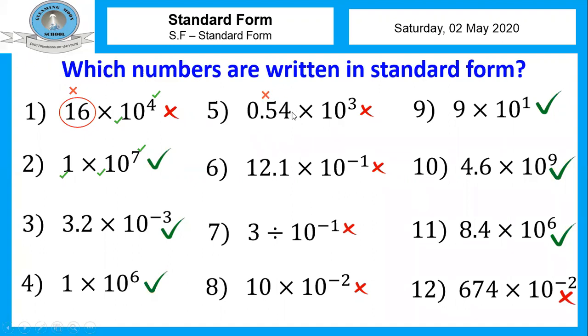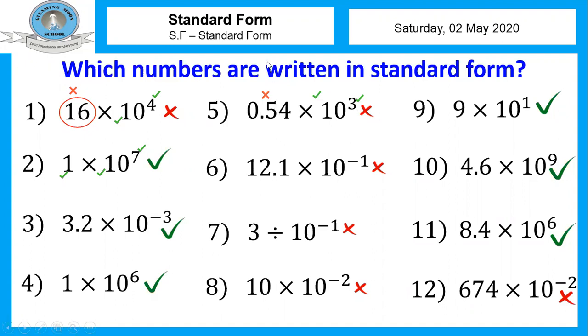And then you will ask, is it multiplied by 10? Yes, it is multiplied by 10. Does it have an integer power? Yes, 3 is an integer and it's the power of 10. So because 0.54 is not up to 1, this disqualifies as a standard form.